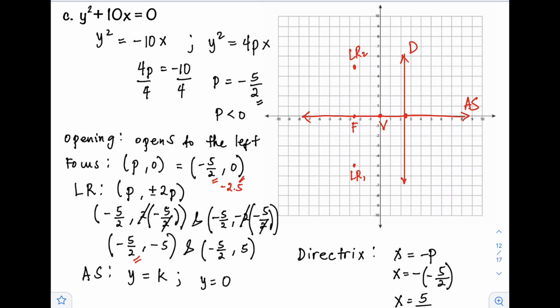So again, after natin magawa yan, pwede na nating i-sketch yung ating parabola. So, dadaan ulit tayo doon sa ating latus rectum. Then, so makikita na natin yung ating parabola na opens to the left.